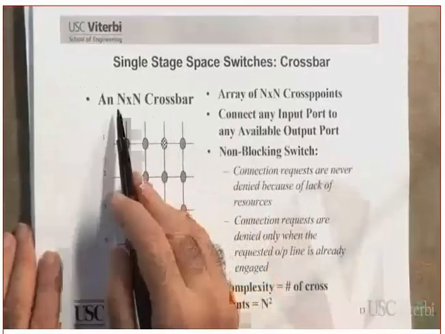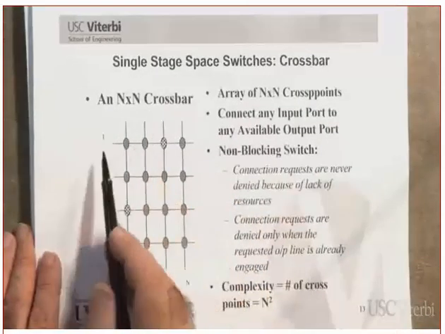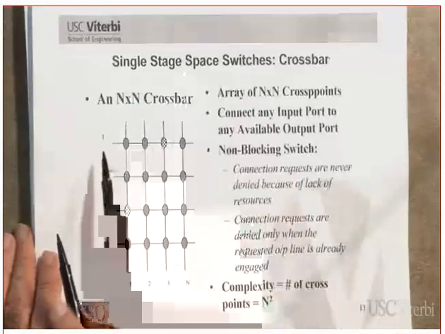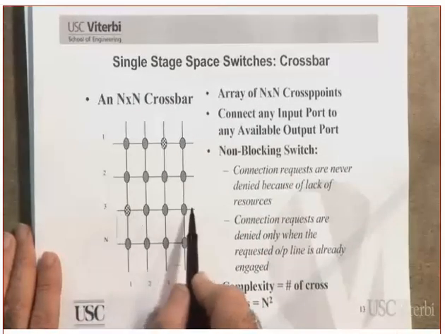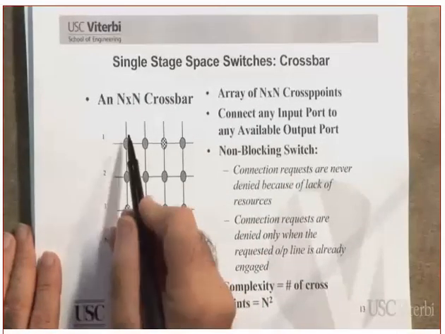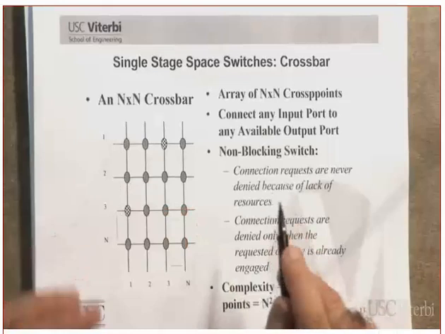So in this example, incoming 1 is communicating with user 3, so this one needs to be activated, connecting incoming 3 to outgoing 1. And this one, incoming 1 is communicating with outgoing 3. Clear? Communicating with each other.